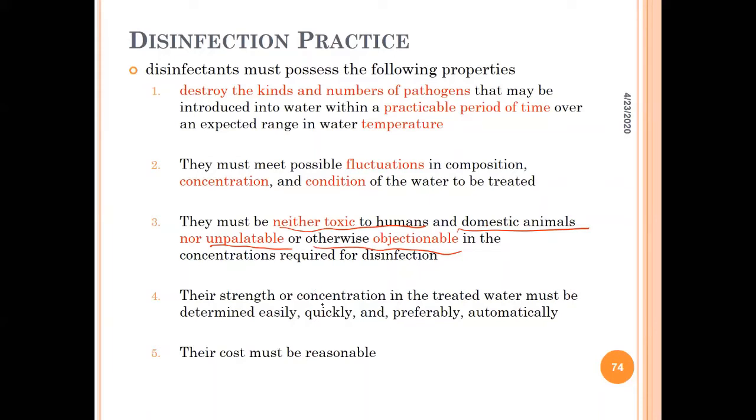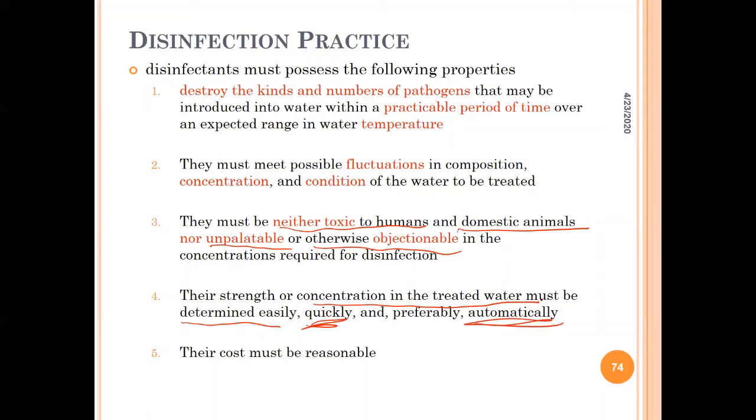Their strength and concentration in the treated water must be determined easily. So if you are using some disinfectant, you must know how much disinfectant is there, the residual concentration or concentration in the tank, and you need to know it very quickly. So there should be a way to test it quickly, most probably automatically.